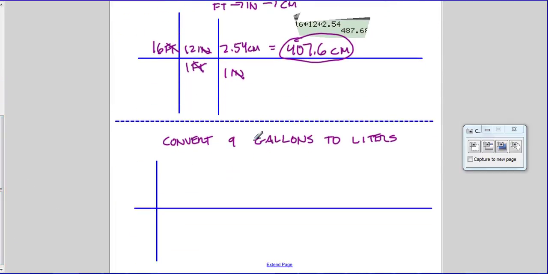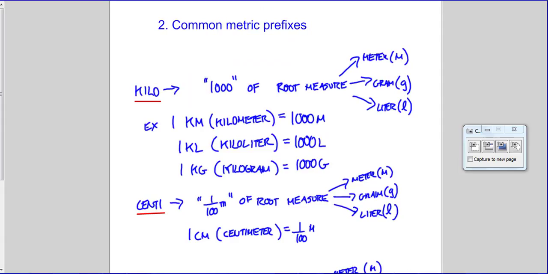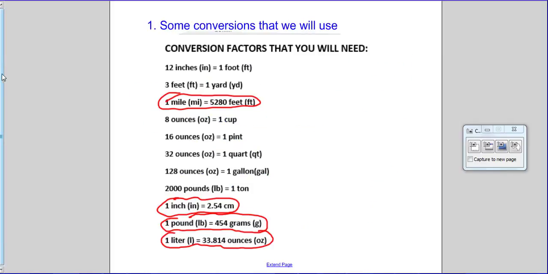Okay, next example, 9 gallons to liters. So I start with 9 gallons. Put that at the top. To go to liters, I'm going to have to make a metric conversion at some time. If you look back here, this one I don't have memorized right now. I don't use it that much.